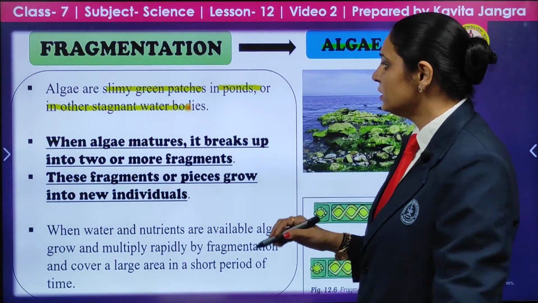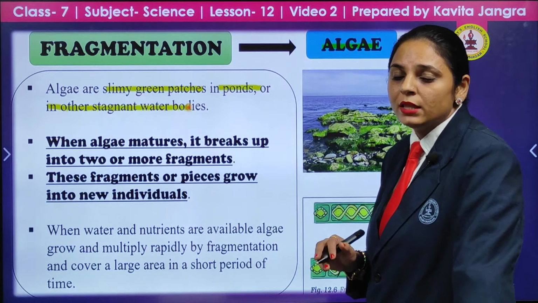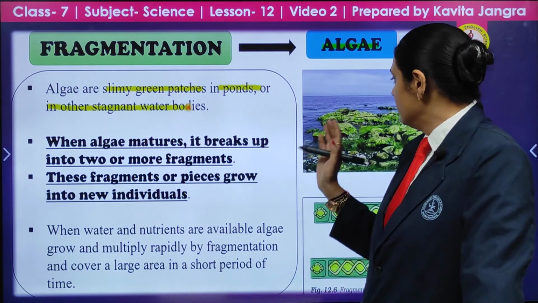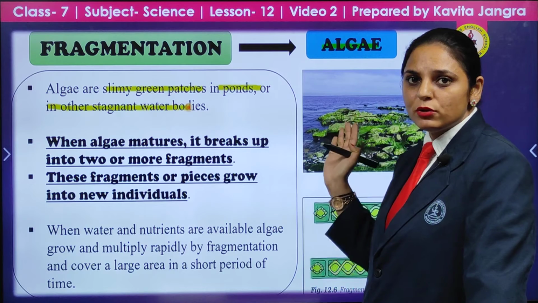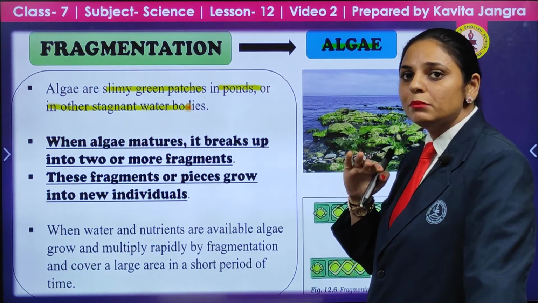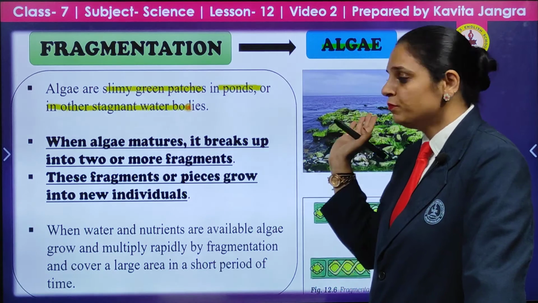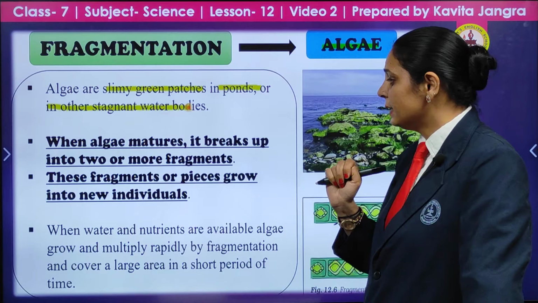Next, fragmentation. This is in the case of the slimy green patches that you see in lakes and ponds, that is algae, and Spirogyra is the example. As you can see when you go near it, earlier it had grown. After a few days you will see the complete area has grown with slimy green patches, known as algae.